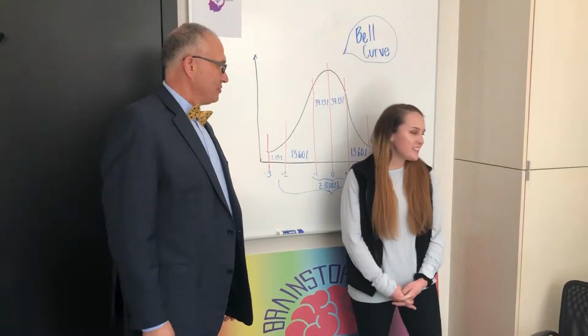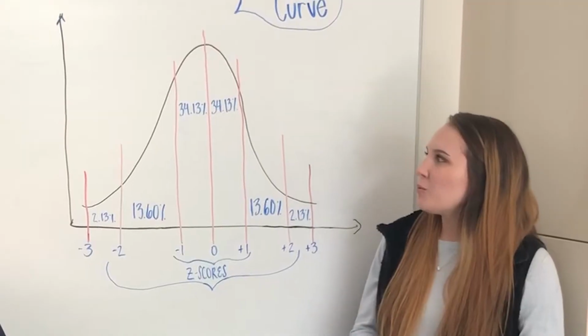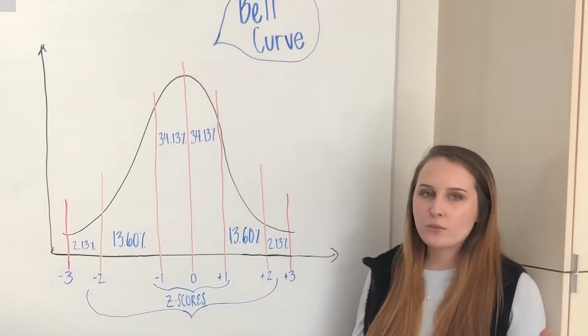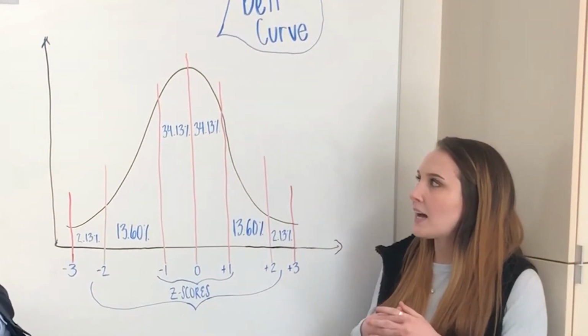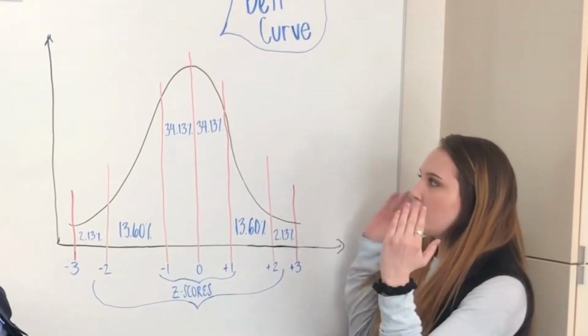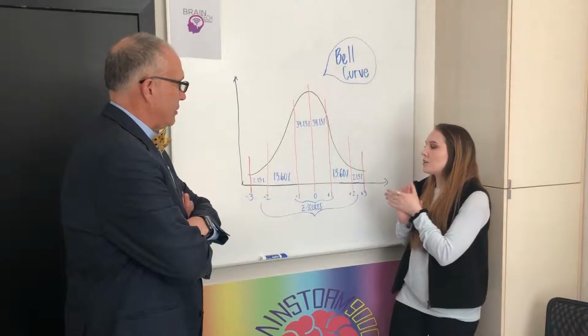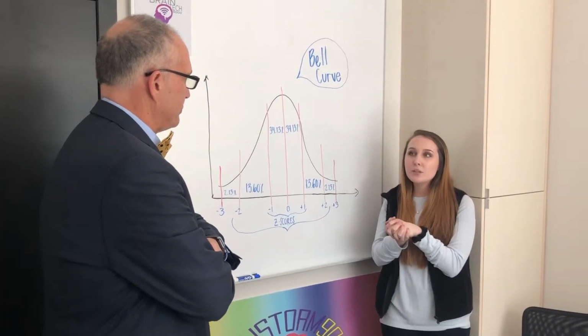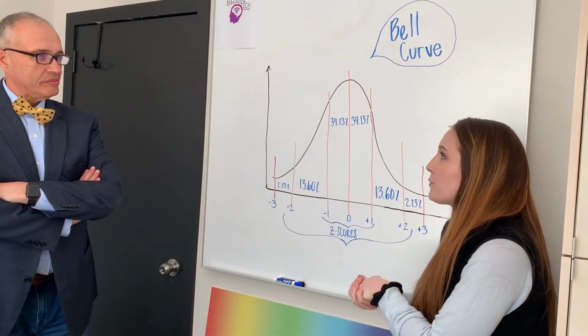So Z-scores are essentially a way to break down raw scores from many different types of data. They're very advantageous in that you can look at many different tests, many different collections of data, and summarize it all with Z-scores. The technical definition is the number of standard deviations away from the mean.